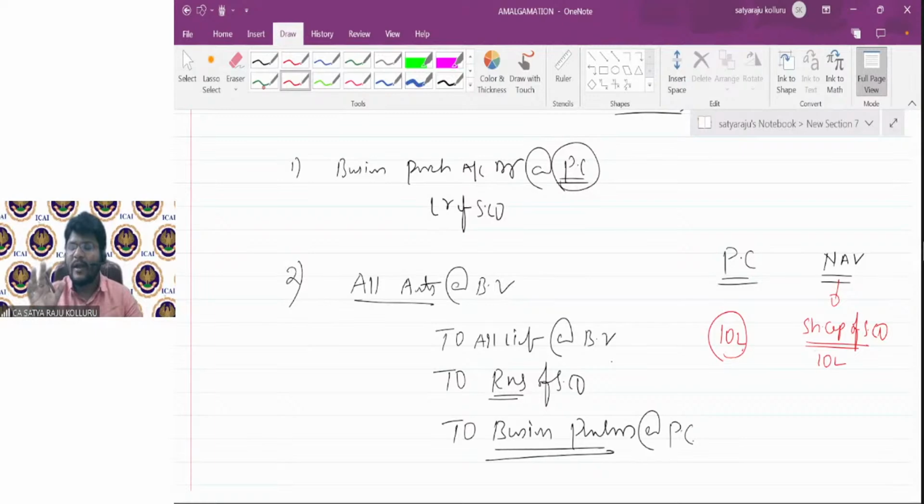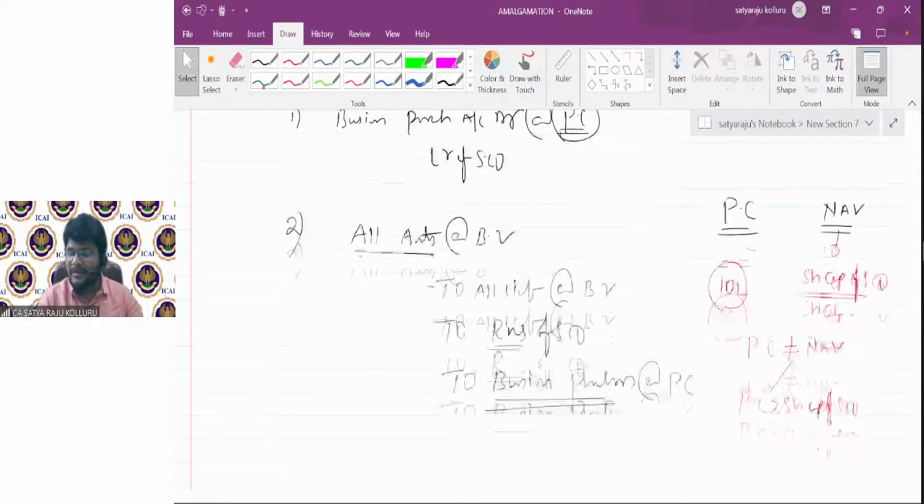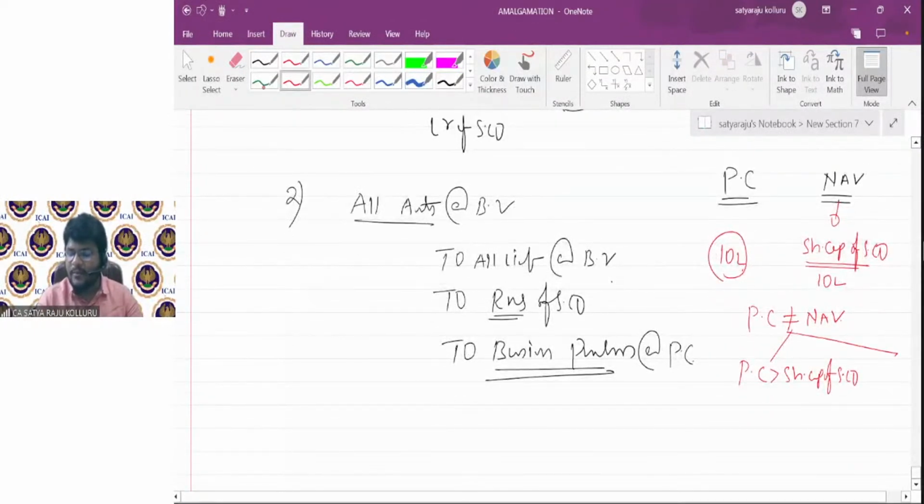If PC is equal to NAV, then there is no chance of any capital profit or capital loss. But here, let us assume PC doesn't equal NAV, that is, PC doesn't equal the share capital of the selling company. Then what do I need to do, sir? You need to check whether PC is greater than the share capital of the selling company, or PC is less than the share capital of the selling company.